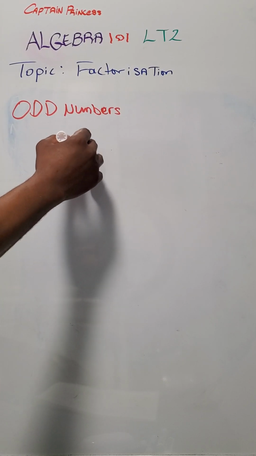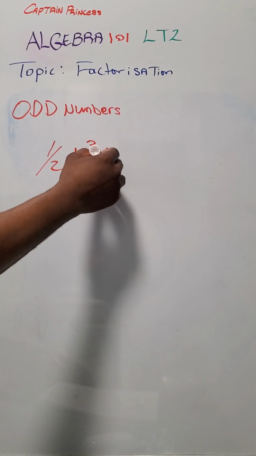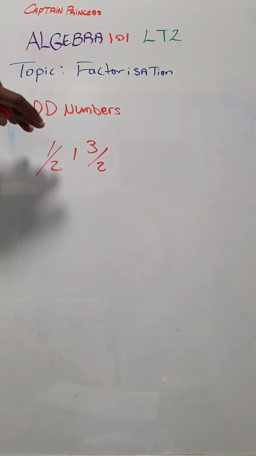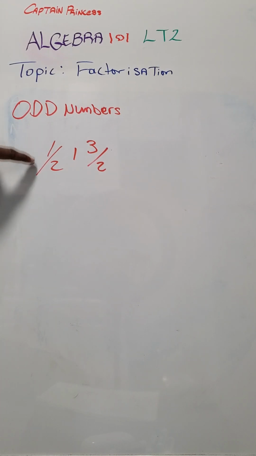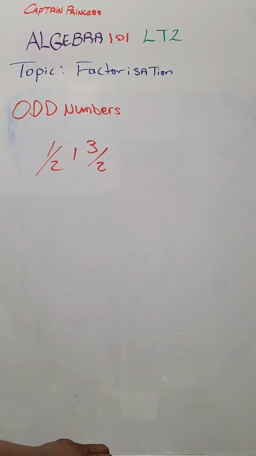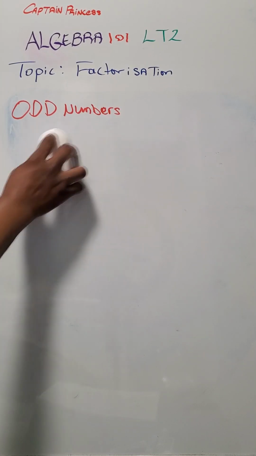So these are all odd numbers. When you divide an odd number by 2, you will get a remainder of 1, or in this case, you will get 0.5. So if you get a decimal, or if you get any form of remainder, as long as it cannot be divided evenly, it is called an odd number.